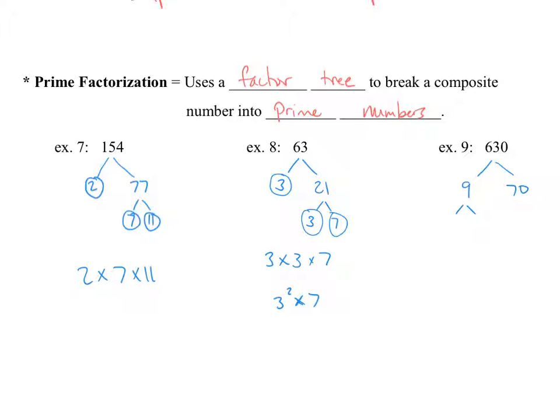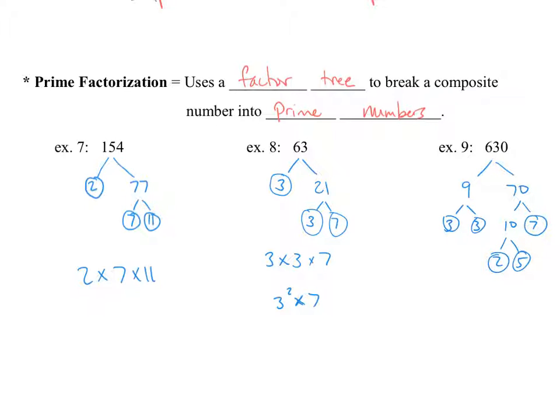What fits into 9? 3 times 3. Those are both prime. What about 70? 10 and 7. 10 is not prime, 7 is prime. So 2 and 5, and then they're both prime.